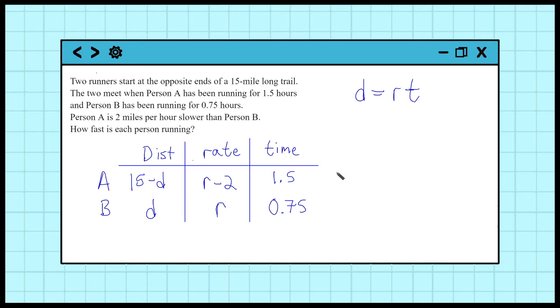For person A, I know 15 minus d is the distance. I know the rate is r minus 2. And I know the time is 1.5. For person B, I know d is equal to r times 0.75.